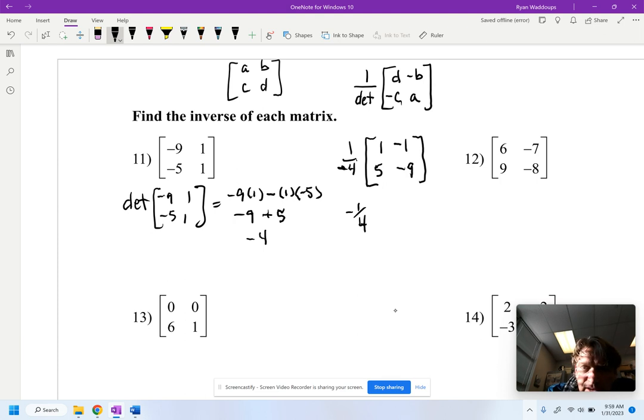Negative times negative, positive 1/4 for the next element. Negative 5/4 for that next element. And then negative times negative, positive 9/4 for that element. And then that new matrix here is our inverse.